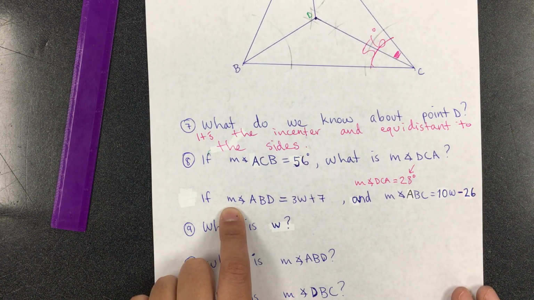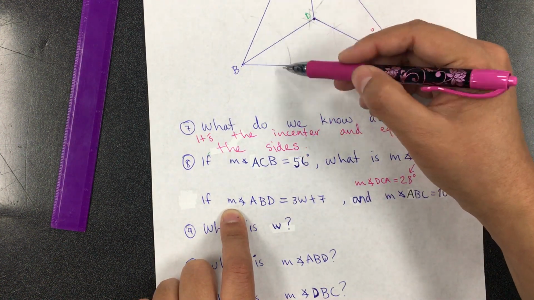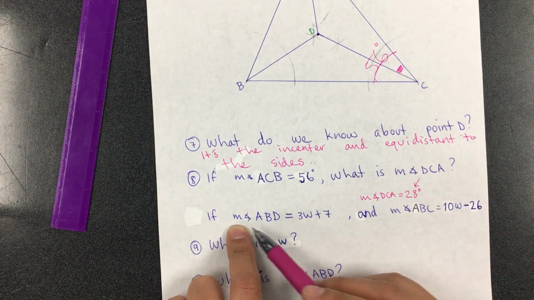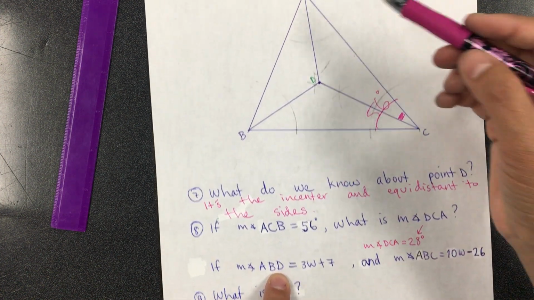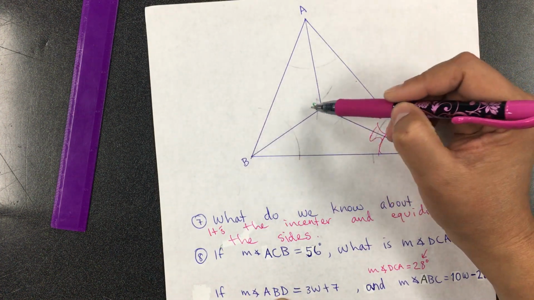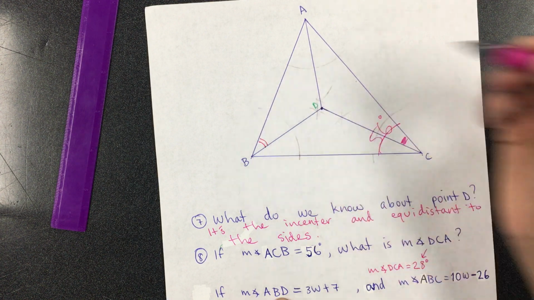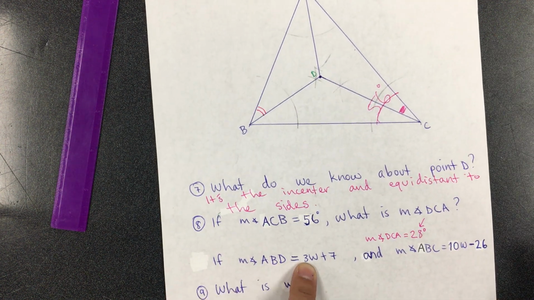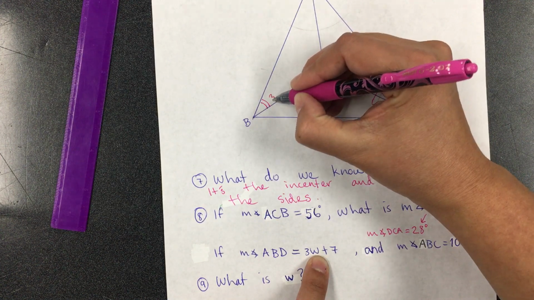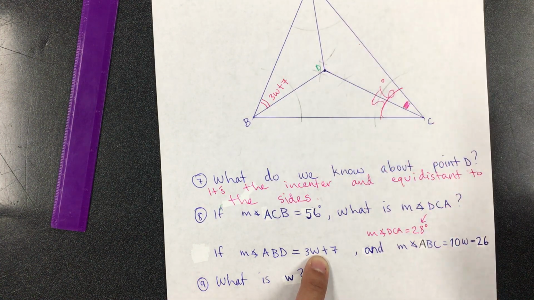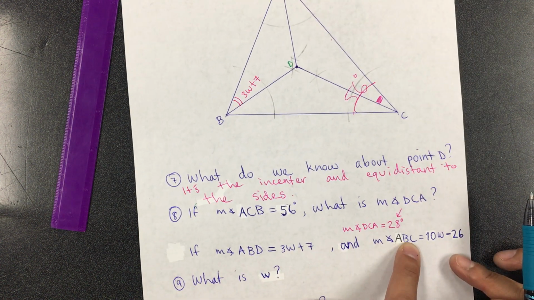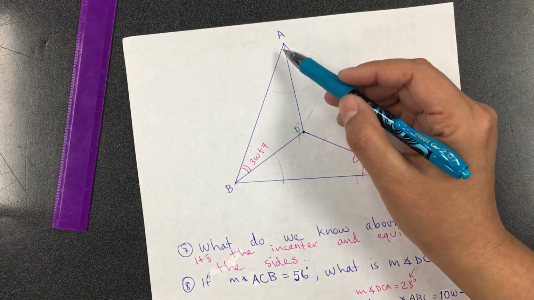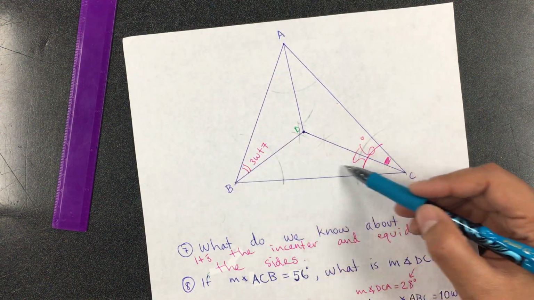The next part, and I'm putting it up here because it's this section right here, says if measurement of angle ABD, looking here, ABD is talking about this section right here, equals 3W plus 7, and the next one says, and measurement of angle ABC, again, ABC.